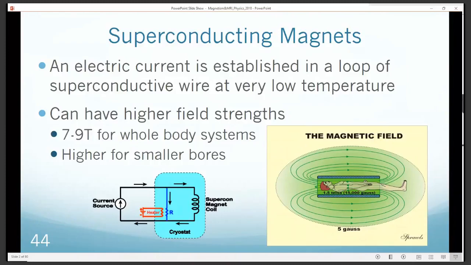Then the current will circulate perpetually in the magnet, and it'll slowly decay because of imperfections in the windings and in the connections, but you only have to recharge it once every 2 to 5 years. It'll produce a very strong magnetic field. Pretty much all the magnets greater than 1 Tesla are superconducting magnets now.